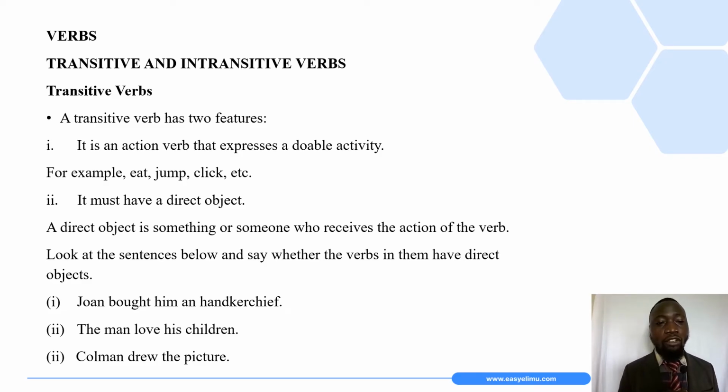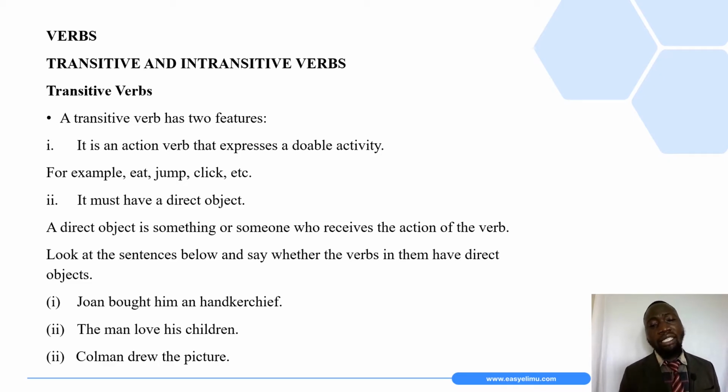Again, talking about action verbs, remember in Form 1 there was a topic about active verbs and stative verbs. So transitive verbs are action verbs that express an activity or activities that are doable. Examples of these verbs are eat, jump, click, etc. Just like I said, the verb must have a direct object that is receiving the action.